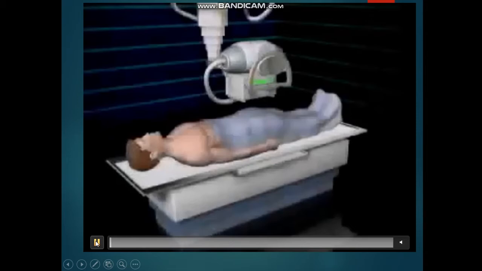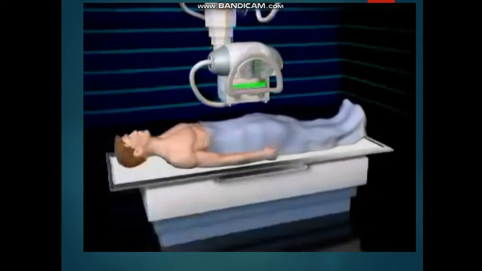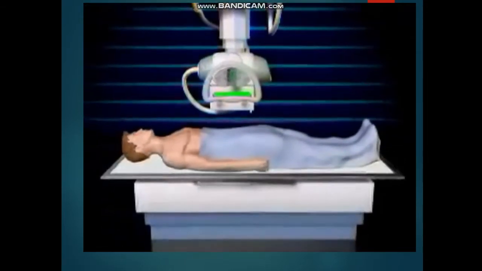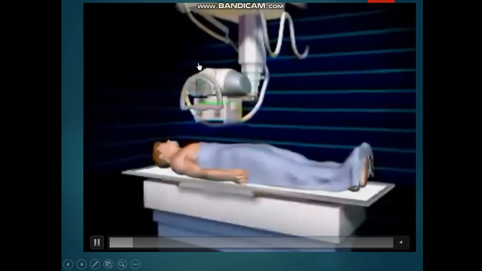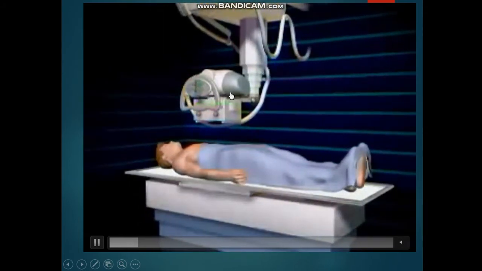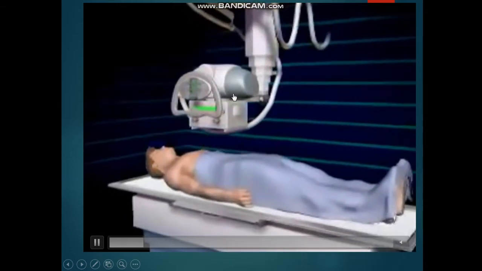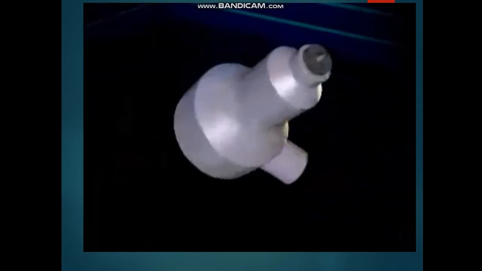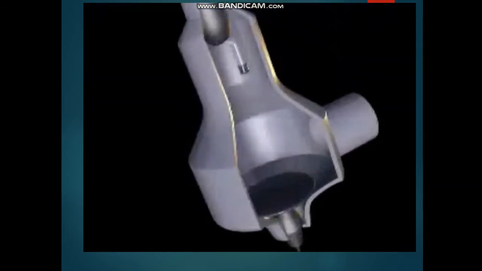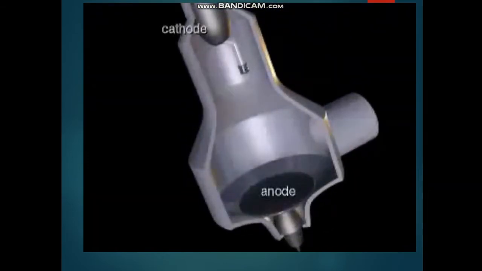Okay, in this picture, you can see production of X-ray. As you know, the source of X-radiation is the X-ray tube in all X-ray images. The X-ray tube is covered with lead materials. The atomic weight of lead is high. Lead absorbs X-rays.